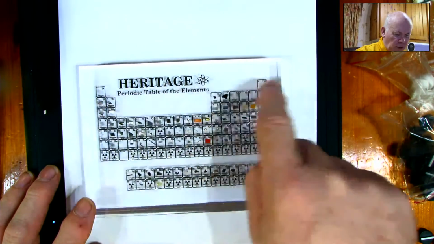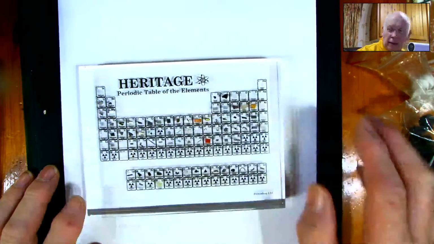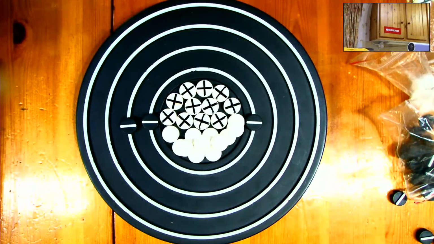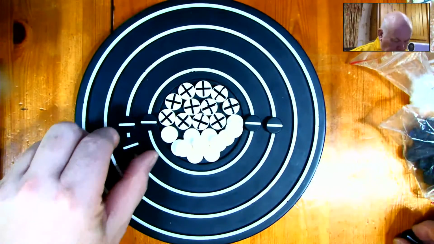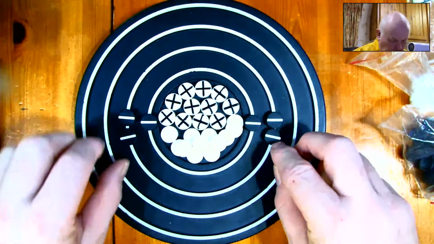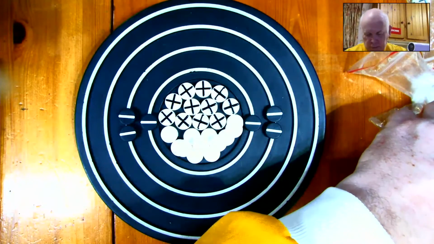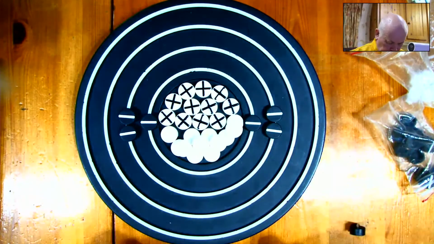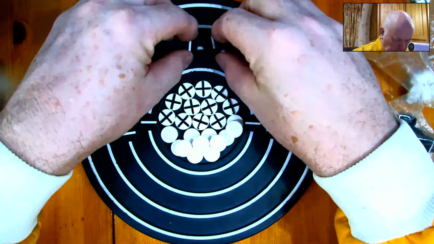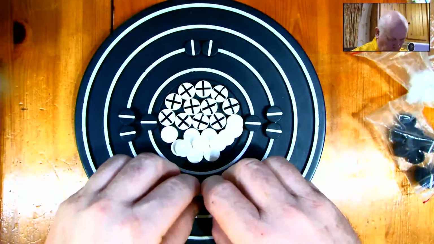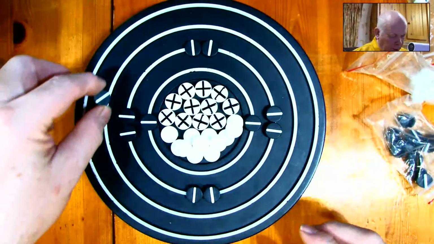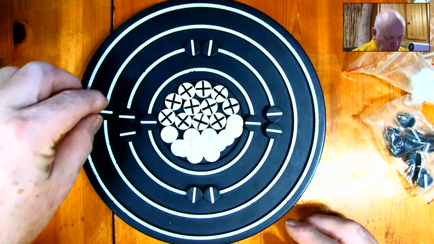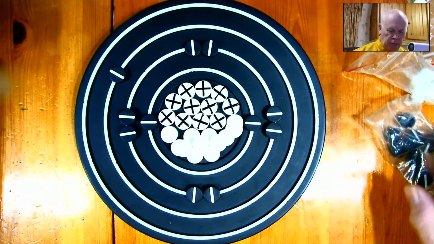So I've got 2 full shells and then 1 other electron. So let's look at this. So we've got 2 full shells. So let's just put in my electrons for here. And now we've got 1 extra in the next shell.